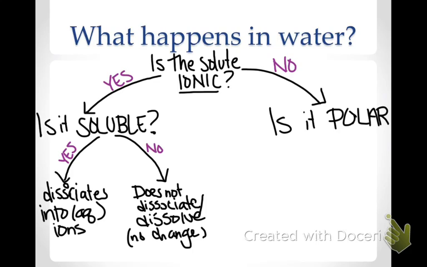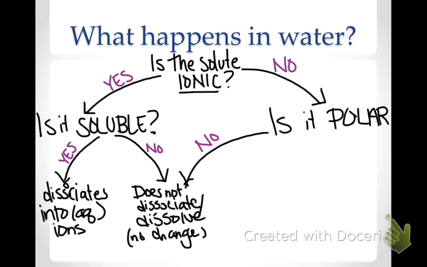If it's polar, it's going to be a lot more likely to dissolve than if it's not. So right off the bat, if it's not polar, we can just draw a line right to this same conclusion. It's not going to dissociate, and it's not going to dissolve, because if it's not polar, it's not going to dissolve in water, which is a polar solvent.